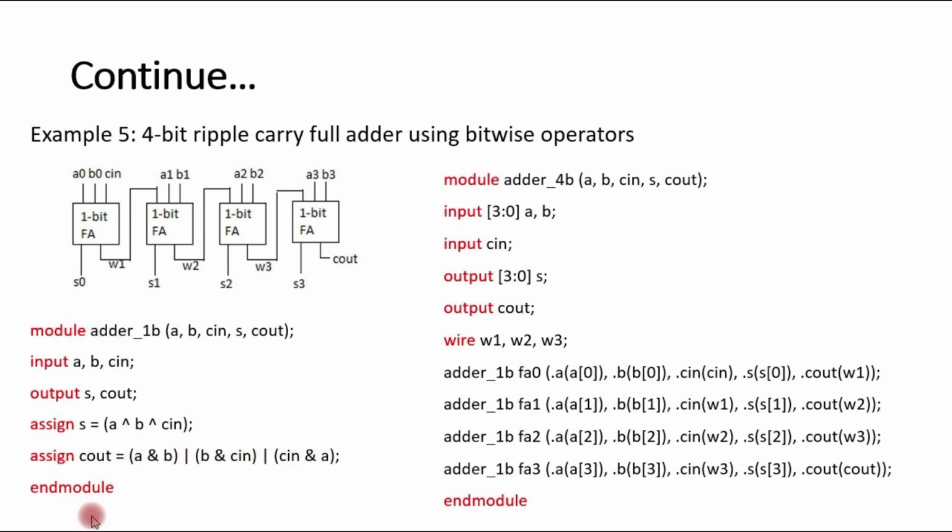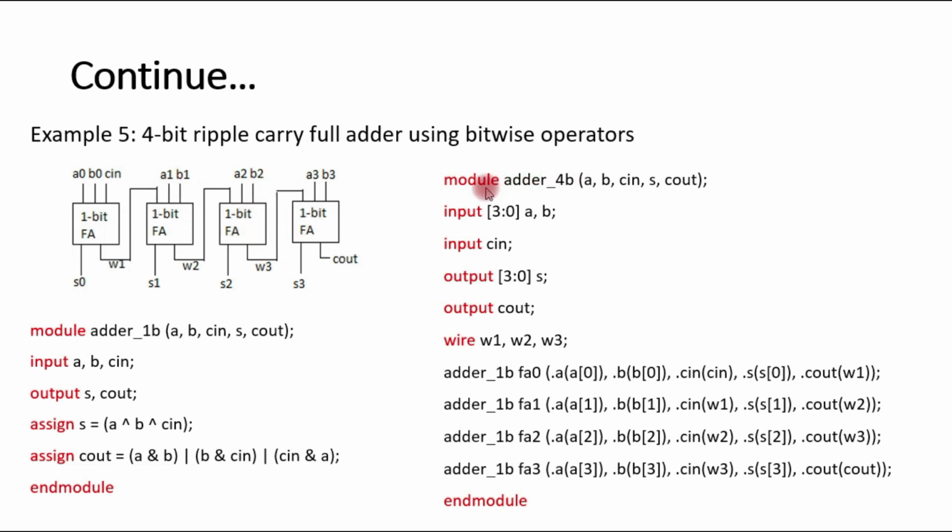AND module. So this program is for the 1-bit full adder circuit, and now we are using this 1-bit full adder circuit as an instance, and we are calling this instance in our 4-bit ripple carry full adder circuit. So this program is for the 4-bit ripple carry full adder circuit, and here we are using this diagram for simplification.